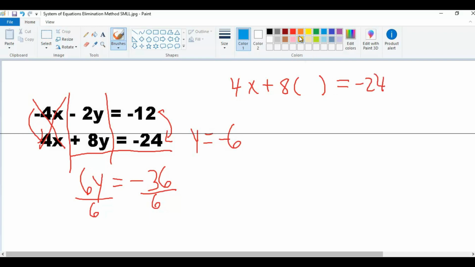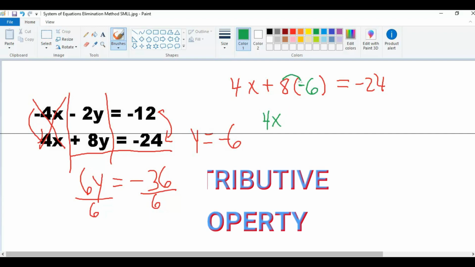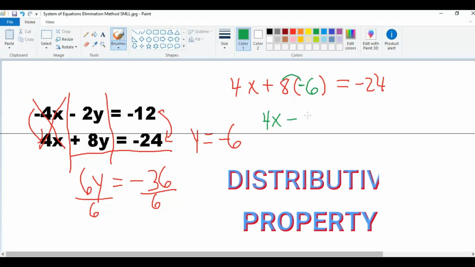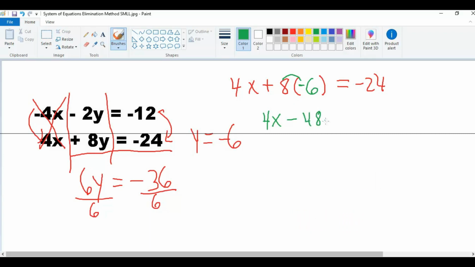Okay, so since we said that y was -6, we're going to go ahead and put the -6 here where the y was supposed to be. And so we're going to go ahead and rewrite the problem as 4x, and then 8 times -6 is -48. So I'm going to go ahead and put -48 here, then bring the equal sign down, and then the -24.